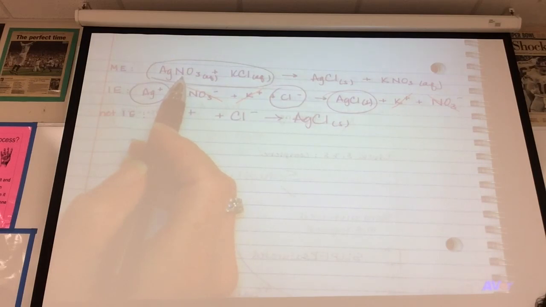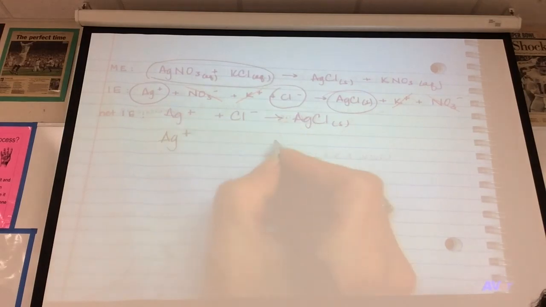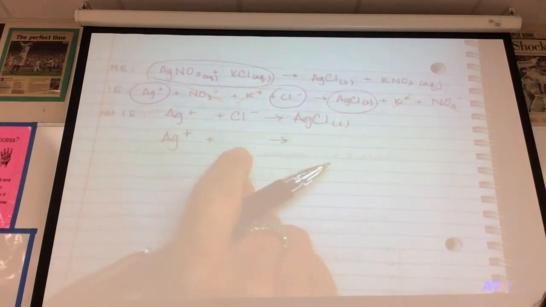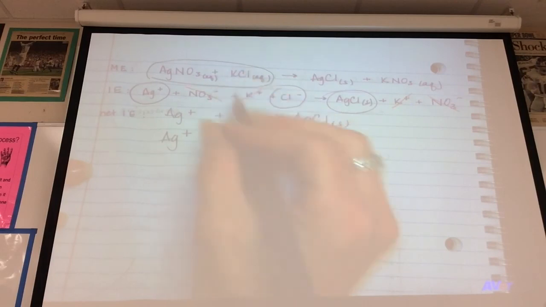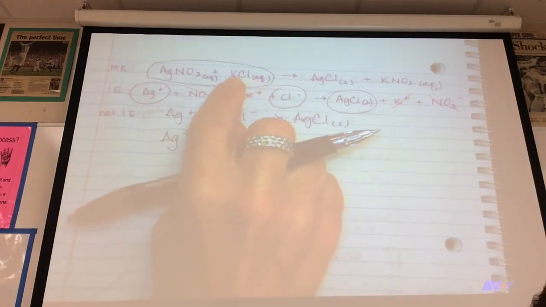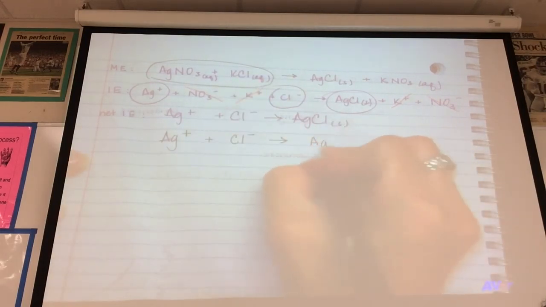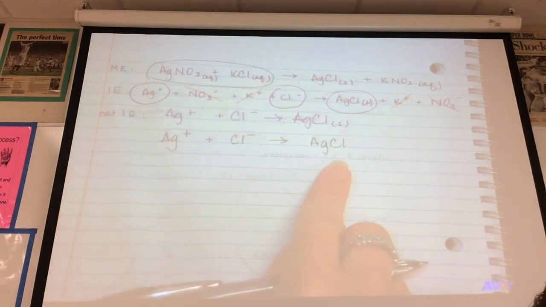So I wouldn't go after the nitrate ion. I'd go after the silver ion. Now, if I have a cation here, am I going to react it with another cation or an anion? Anion. So I know from this compound, I had to be going after the chloride ion. In addition, I'd never go after a group 1 ion.